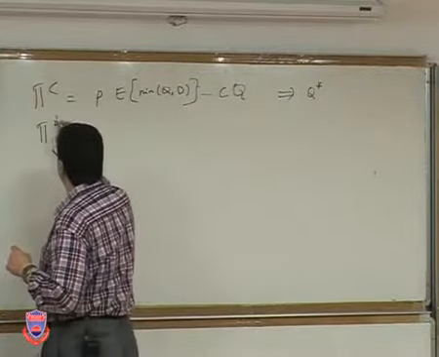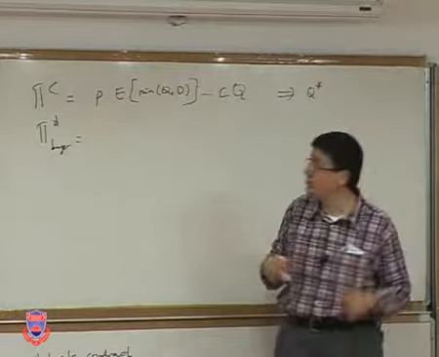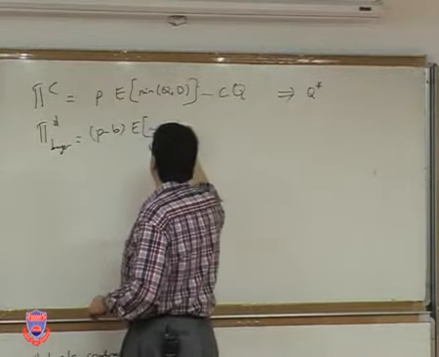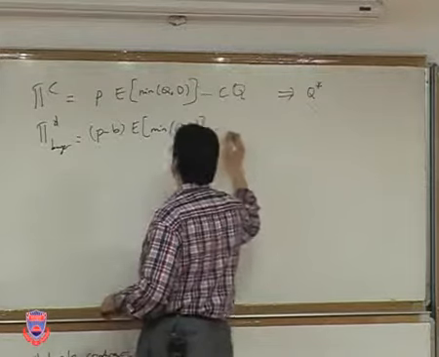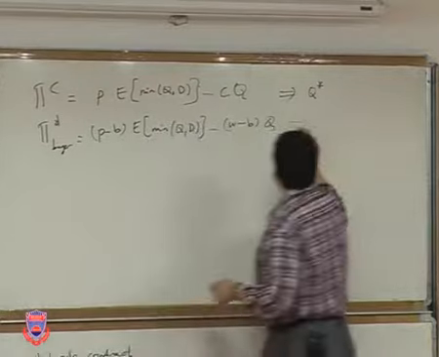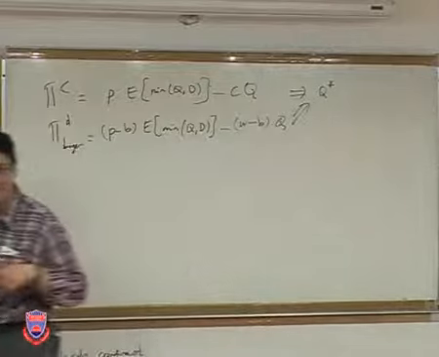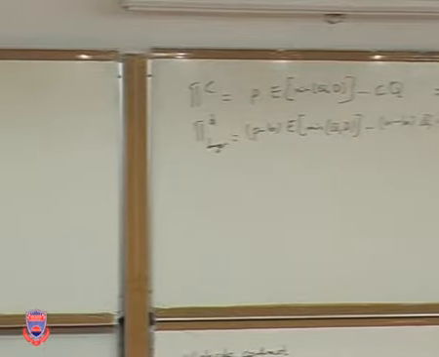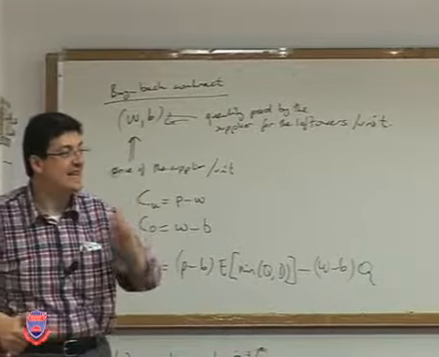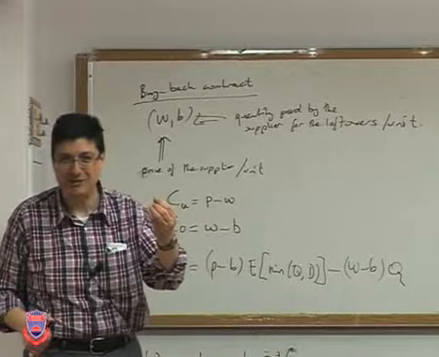Now, what I want to have is the pi D buyer that I wrote, which is P minus B, expected minimum QD minus W minus B times Q, to give me exactly the same Q star. Okay, when I optimize it, in other words, I want the buyer to be selecting the same Q, that's the idea of the centralized problem.